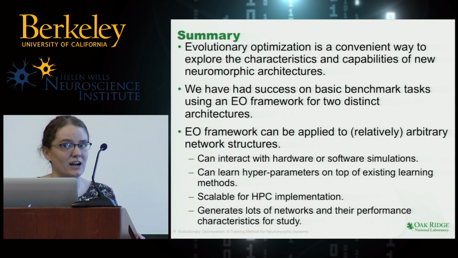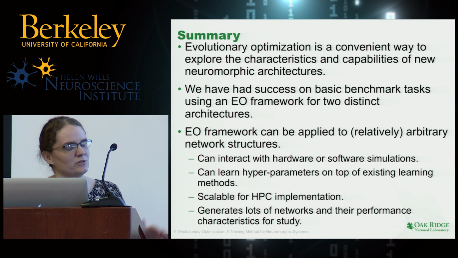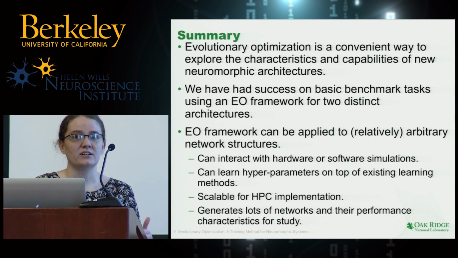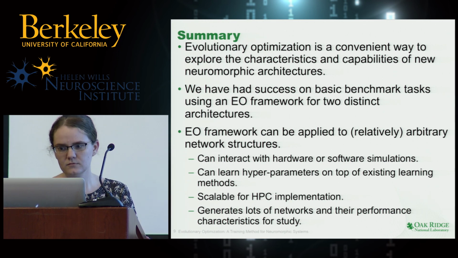It is scalable for high-performance computing implementation. So as much computing resources as you want to throw at this problem, evolutionary optimization can scale with it. And what I'm most excited about is it generates lots of networks and their performance characteristics for study moving forward. So we can learn more and more about what these architectures can do, how we can develop new algorithms, and how we can refine the architectures to improve them.